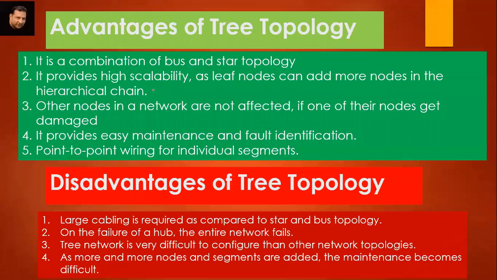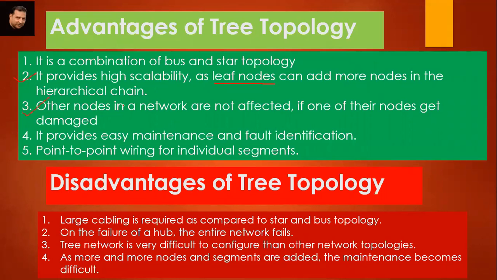Okay, now advantages of tree topology. First, it is a combination of bus and star topology, which gives advantages of both. Second, it provides high scalability, as leaf nodes can add more nodes in the hierarchical chain.